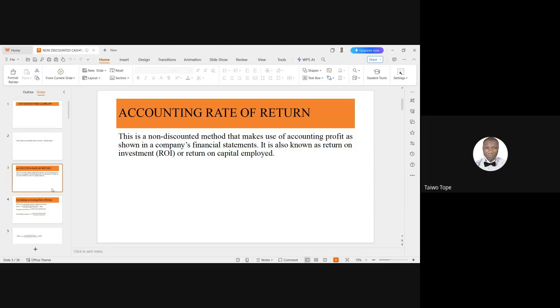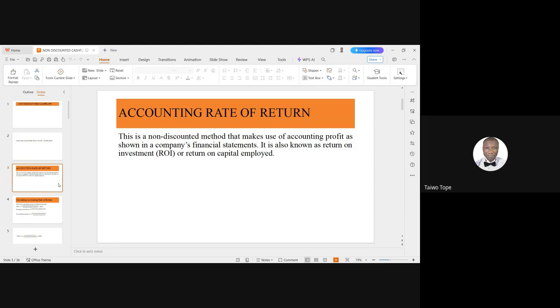The other form of the non-discounted cash flow I want to dwell more on is the accounting rate of return. When we talk about the accounting rate of return, we are referring to the average accounting profit to average investment.